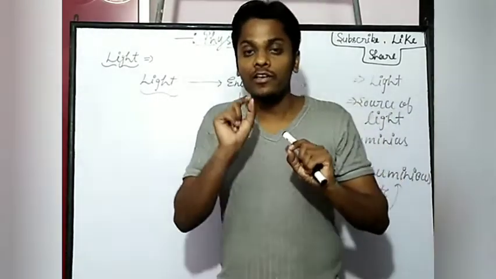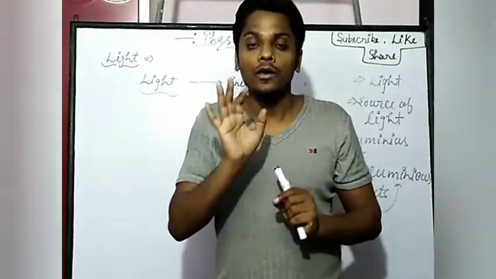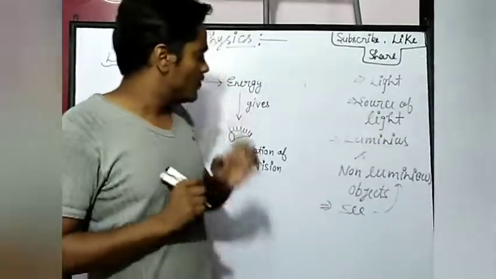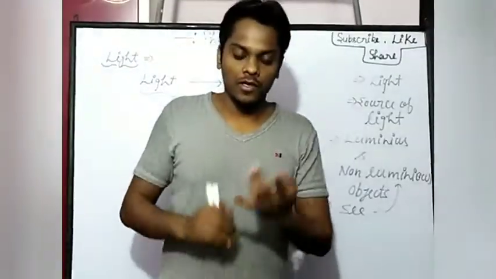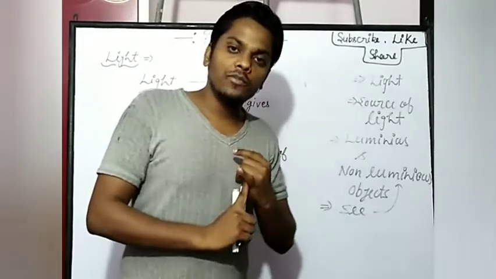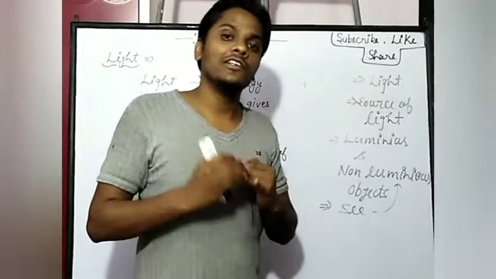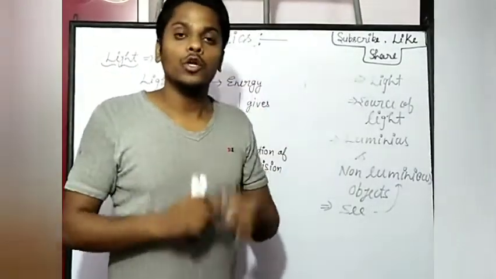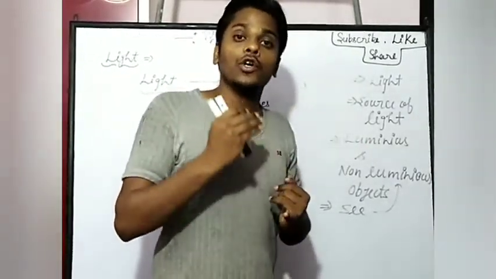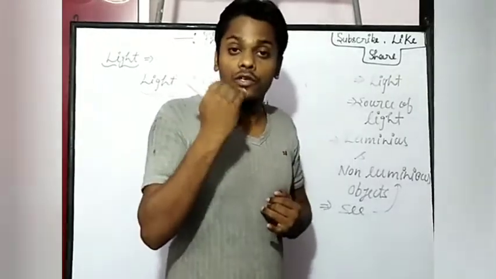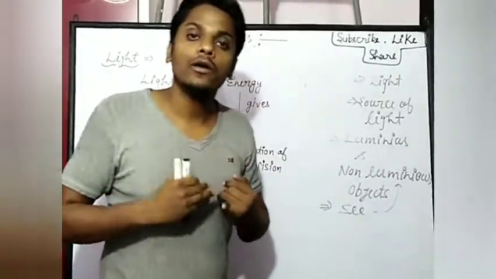So we have two categories: those objects which possess their own light, and those objects which do not have their own light.